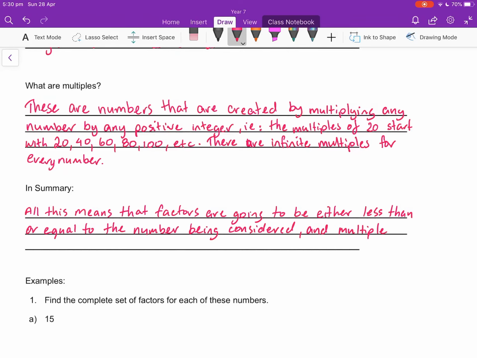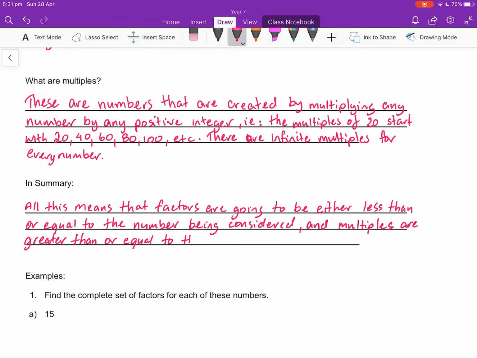So they're going to be greater than or equal to. Okay, so there's the gist of what we're talking about.